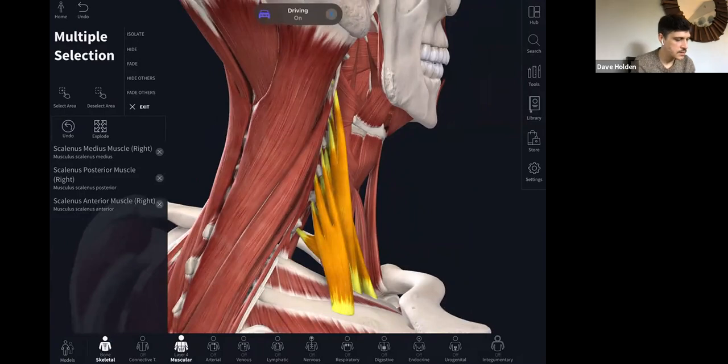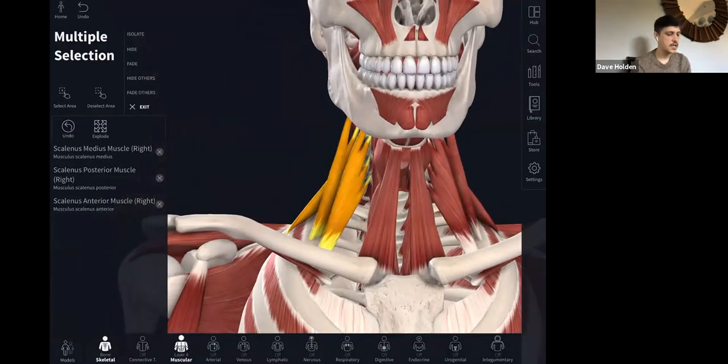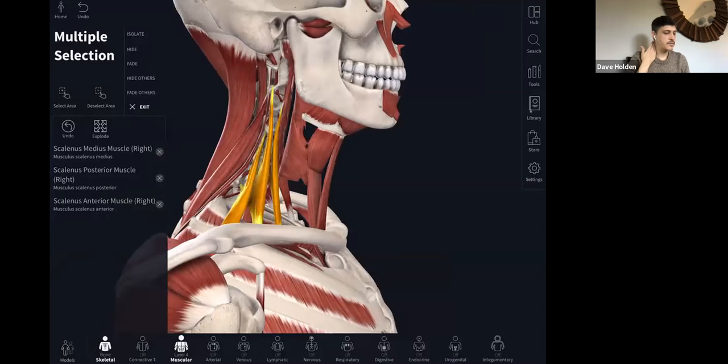But there we can see these muscles sitting right on the lateral side of the neck. Taking a look at those guys, just a quick glance, sitting as they are on the lateral side of the neck. First thing I'm thinking, lateral flexion. That's first thought. They don't really look like they're in much of a position to help with rotation.